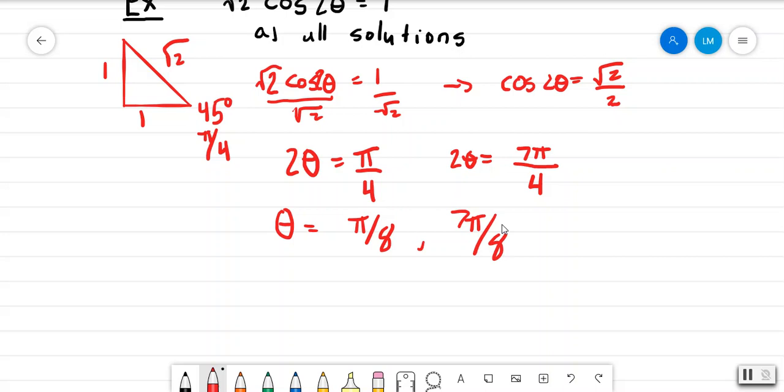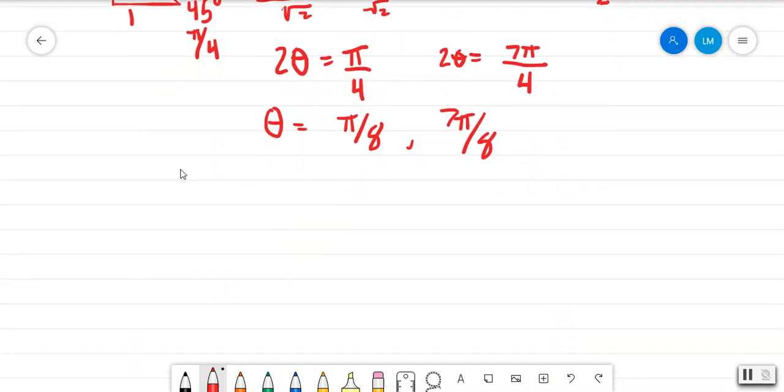Now, one thing to note is that 2 theta is only just half of a rotation. So what that means is that there are more rotations that do occur. In actuality, we have only accounted for about half of them.